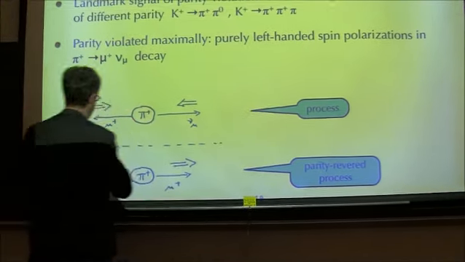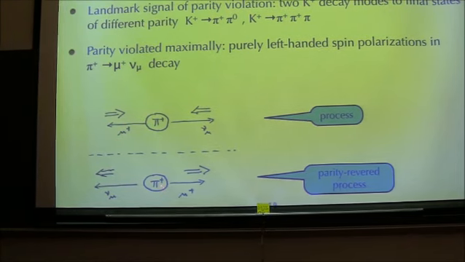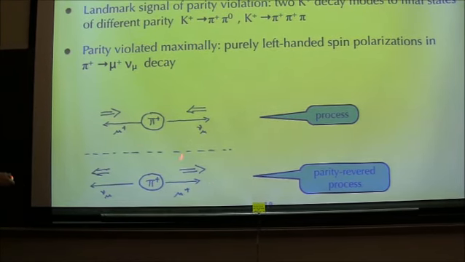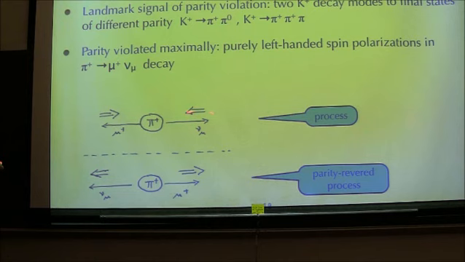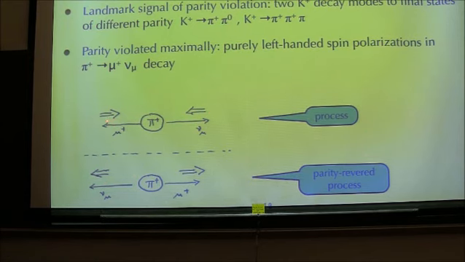So when I parity reverse the momentum direction, it goes in the opposite way, and the neutrino goes in the opposite way. But it turns out spin is different under parity. It preserves its orientation. So this direction is unchanged. This direction is unchanged. So we've gone from this helicity, where the spin and momentum are anti-aligned, to this configuration where they're completely aligned.